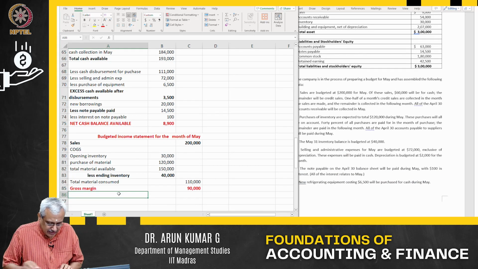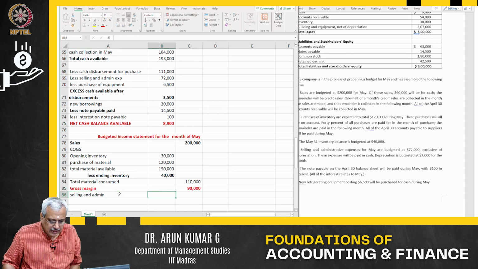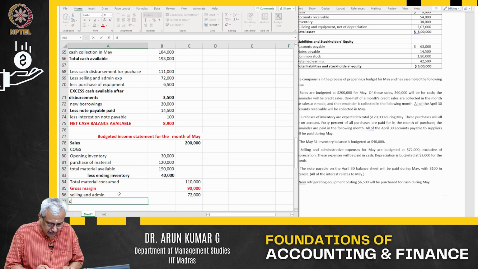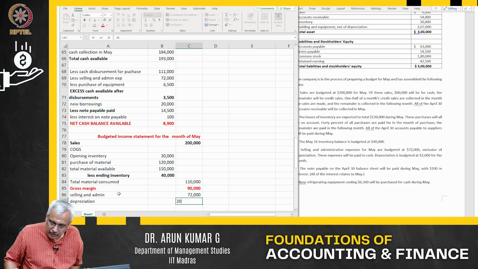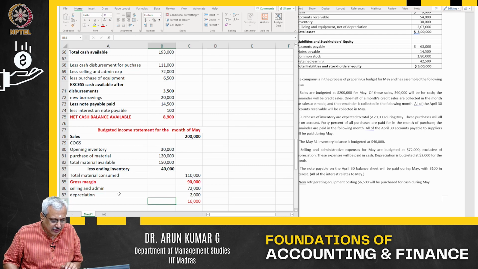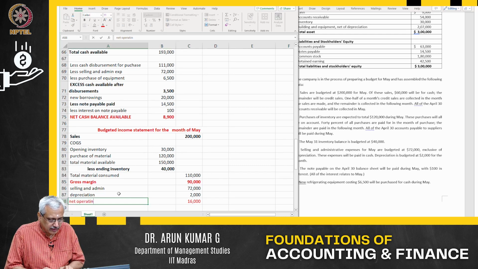My selling and admin expenditure is about 72,000. My depreciation is about 2,000. That is also given out here. Then what happens? My net operating income is this minus this. This is what is my net operating income.